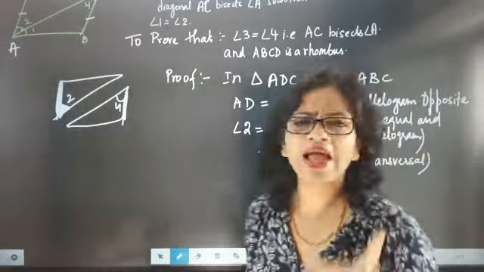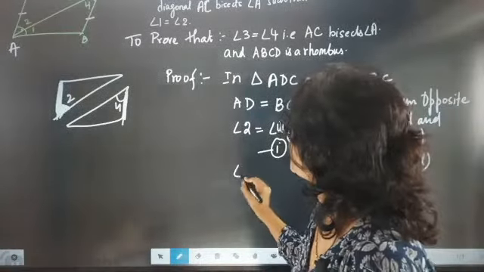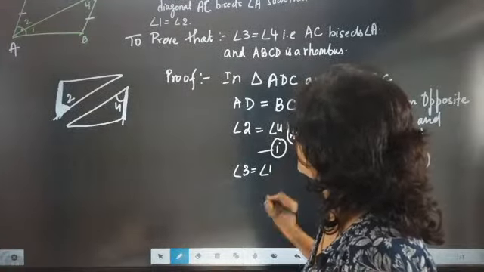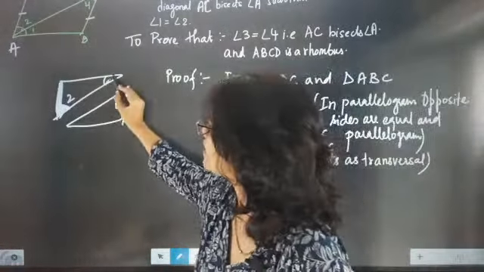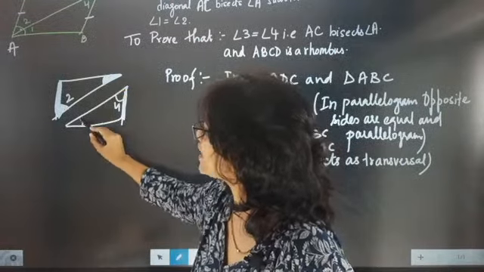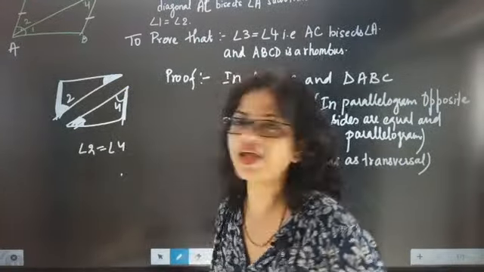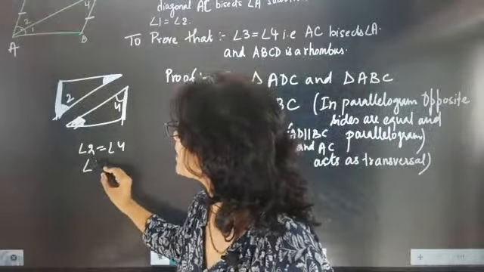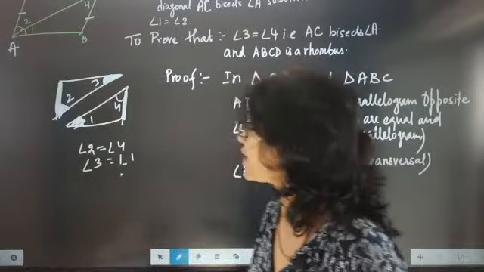Now second, I will say that angle 3 will be equal to angle 1. Why will angle 3 be equal to angle 1? This angle will be equal to this angle. So first I said angle 2 equals angle 4, and now angle 3 is coming equal to angle 1.